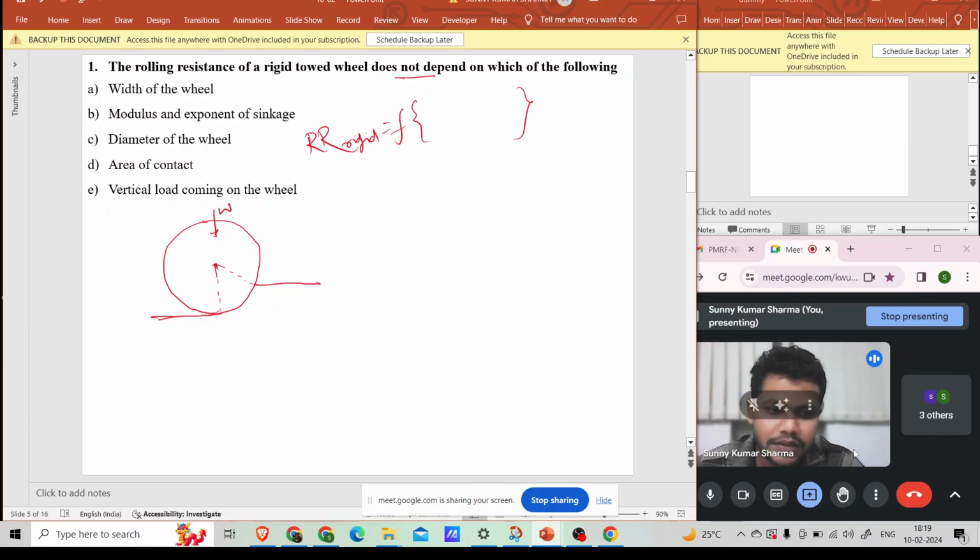You are only 2 people, so you can say, if there were more people, then writing in chat is a good option. So Gaurav, you can also interact. Gaurav, you said width. What did you say, Sivanam? Option C, sir. Diameter of the wheel. Okay.